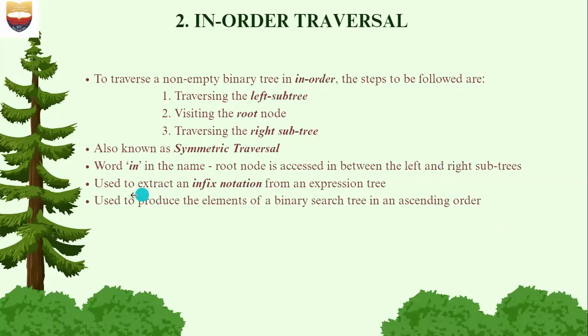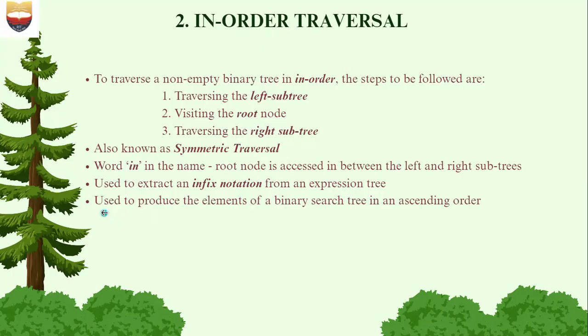This in-order traversal is mainly used to extract an infix notation from an expression tree. If you are given an expression tree, you can extract an infix notation of that expression just by doing in-order traversal on that particular tree.